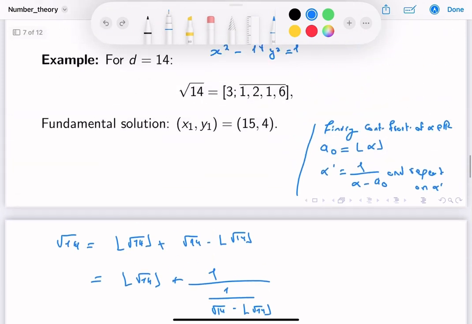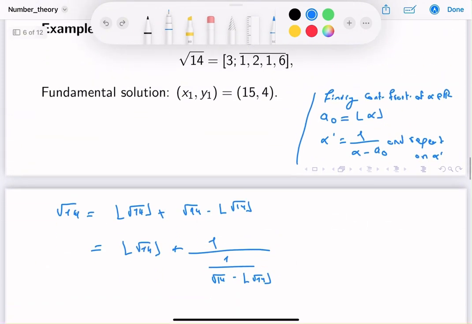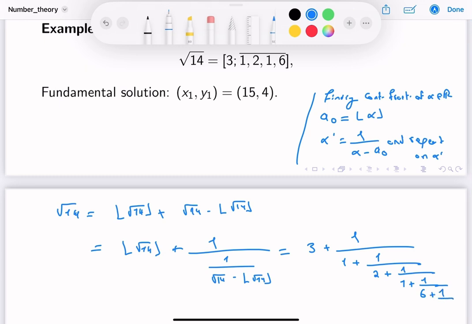And if you do it, you're going to get this continued fraction: 3 plus 1 over 1 plus 1 over 2 plus 1 over 1 plus 1 over 6 plus 1 over, in this case 1, and so on.